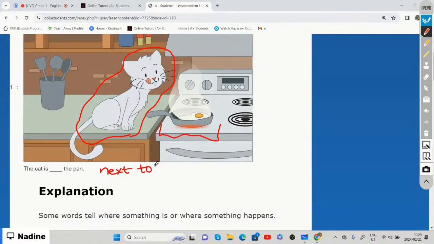So our preposition is next to because it tells us where the cat is. Here we have the cat. Here we have the pan. And the cat is next to the pan.